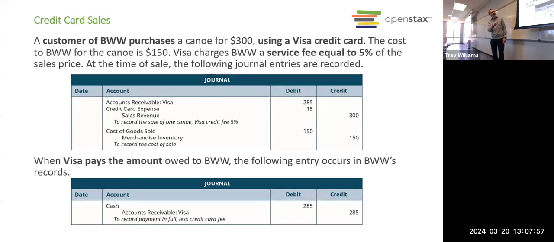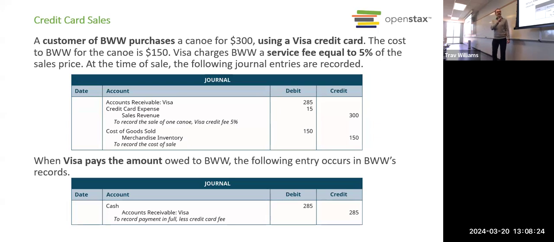But the difference is the account receivable is for the credit card company because they're the ones that are going to send you the money. And then they'll collect from the customer, right? But also you have to debit the credit card expense. And that credit card expense reduces how much money you're going to get from the credit card company. So you don't actually pay that expense, you just don't get that money.